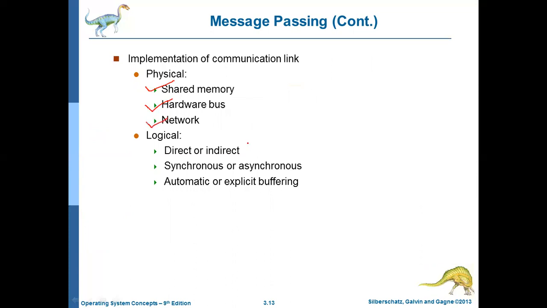So these are the ways in which a physical connection can be established between the two processes. If you want to implement a link via a logical connection, then these are the 3 ways. You can either use direct or indirect communication, synchronous or asynchronous communication, and automatic or explicit buffering. So these are the different ways in which the communication link can be implemented.